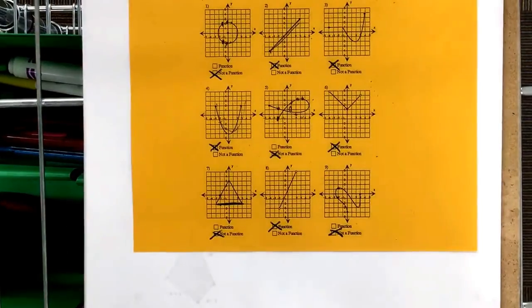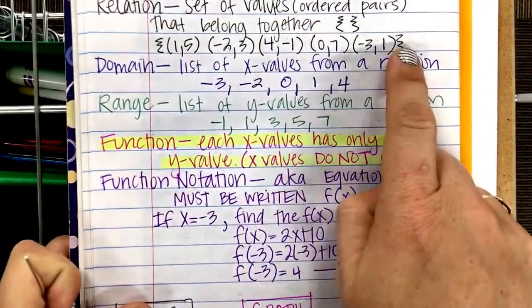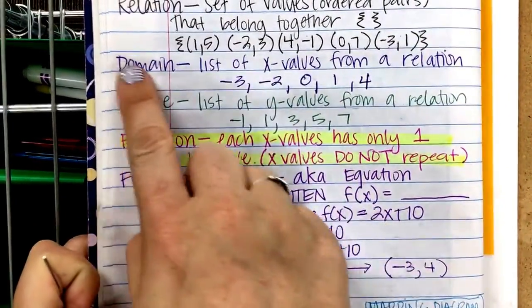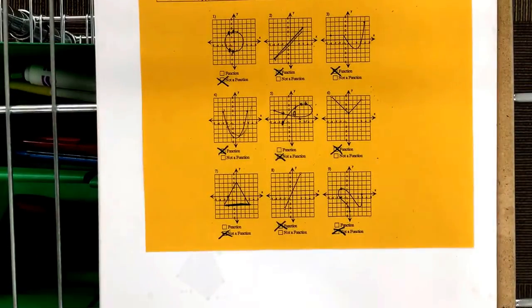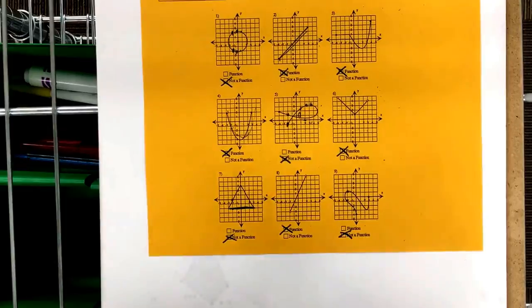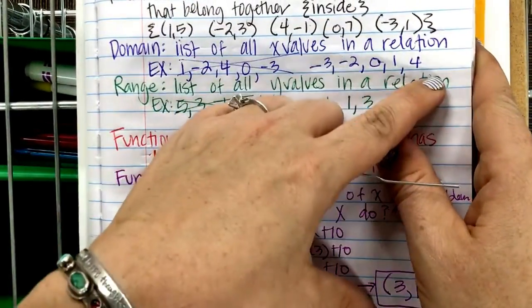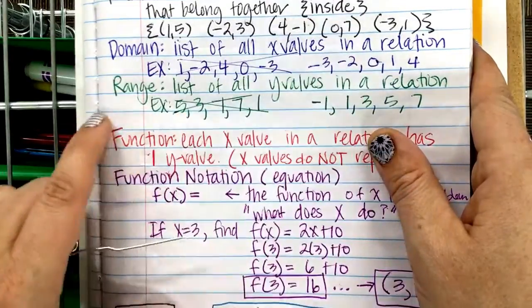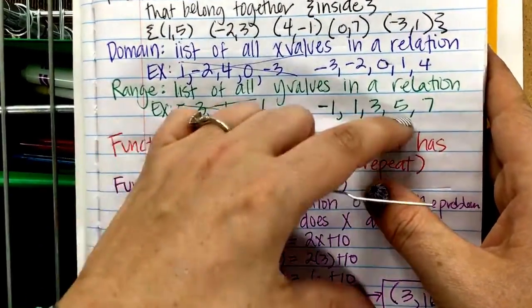So let's recap. A relation is a set of ordered pairs in brackets. The domain is the list of x values in a relation. Put them in order. That's the domain. A range is the list of y values, and in a range, you put them in order.